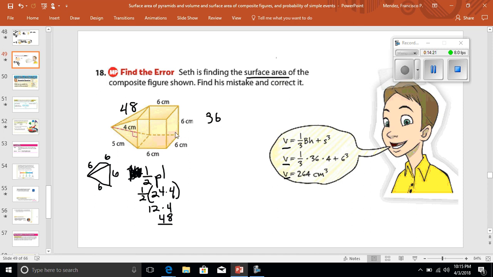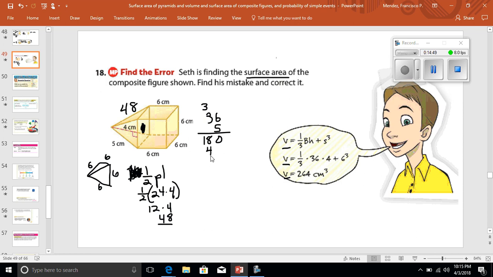And since it's a perfect cube, we know we have 6 sides, so that would be usually 36 times 6. But remember, again, we're not going to find the surface area of this spot right here. So we have 1, 2, 3, 4, and 5. So we're going to multiply 36 by 5 instead of 6. Well, 6 times 5 is 30. Carry the 3. And that's 15, 16, 17, 18. So we've got 180.